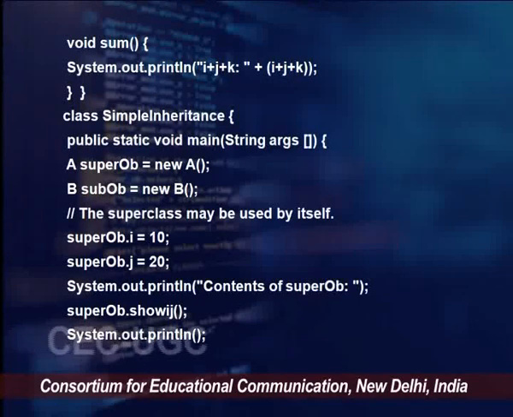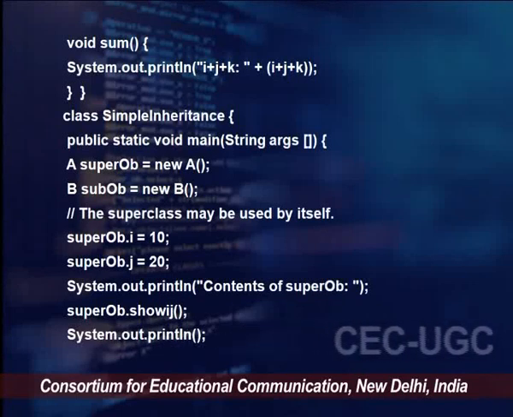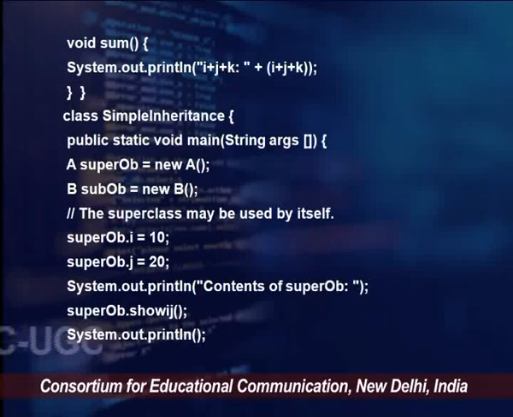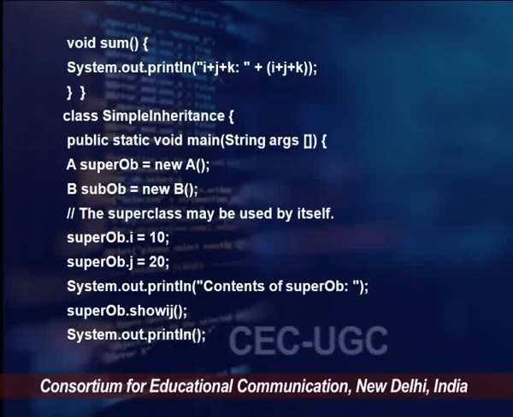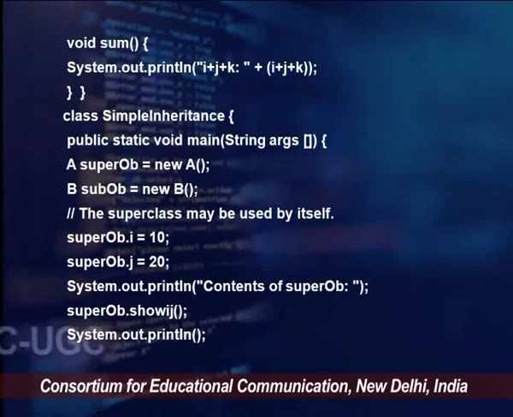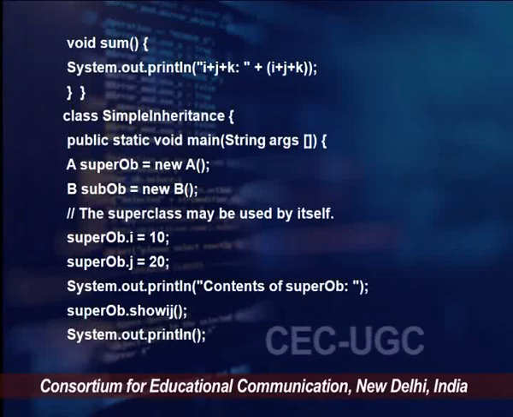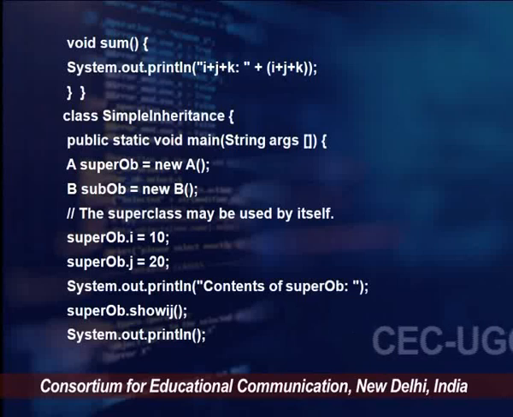So that essentially means that i and j are inherited from A, and k is its own unique element, and then we have the closure of this function sum as well as the closure of this class B. So now this class B is having three variables, i, j and k, and three methods, one is sum, another one is show ij, and third one is show k.